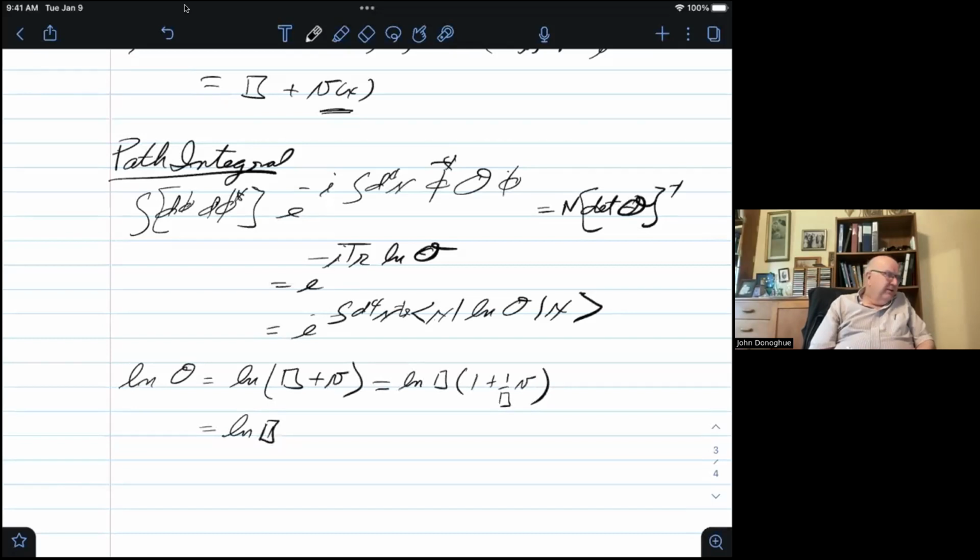Since this is a perturbation now, I can expand.